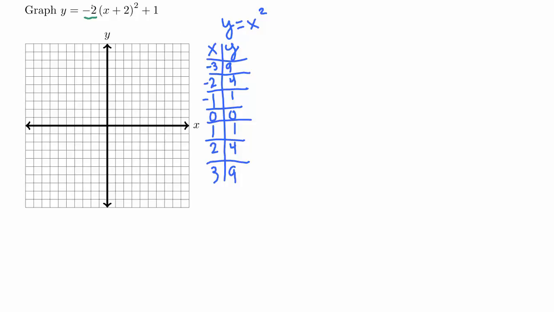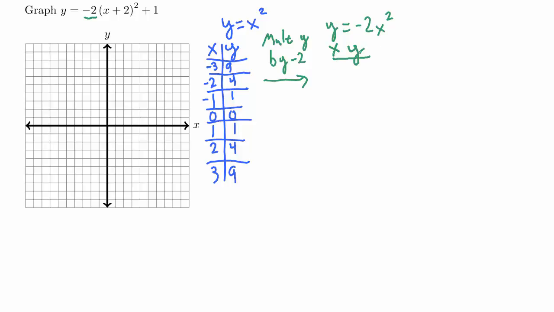This says -2 times something. And because of that, we need to multiply the y value by -2. Now, whenever we do that, that would effectively give us the equation y equals -2x squared.